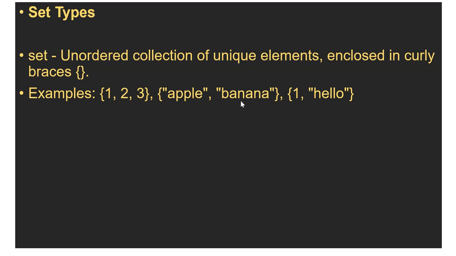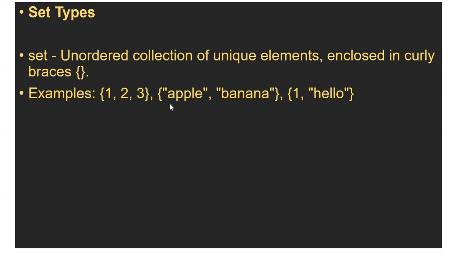Good. Then we're also saying unordered, not like list and tuple, whereby we say ordered. Unordered means that the order doesn't matter. If you perform some operation on it, you may see the order of this set reshuffling, with 3 appearing first, 1 second, and then 2 last.